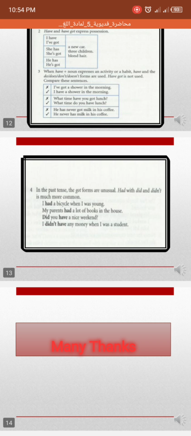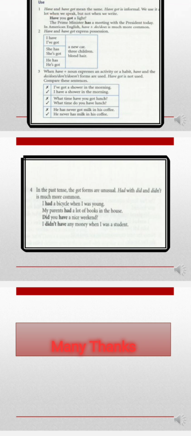Number 4. In the past tense, the got forms are unusual. Had with did and didn't is much more common. For example, I had a bicycle when I was young.